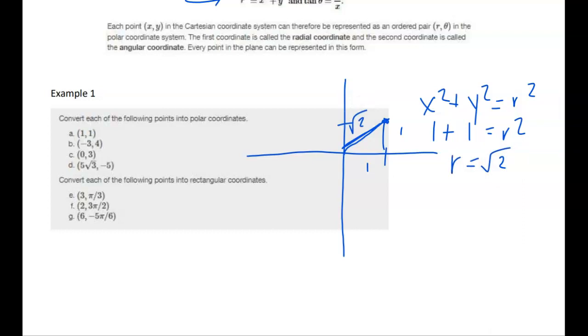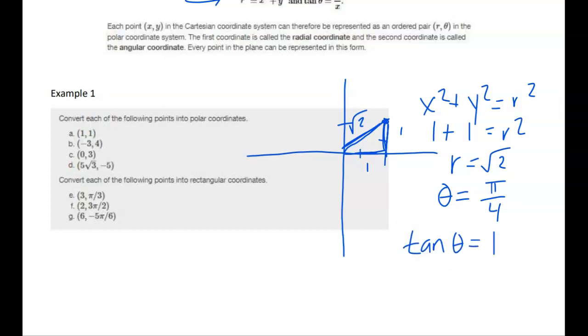Now you might notice this also as the unit circle triangle that I've taught in my pre-cal classes where it's the isosceles. And so that theta is going to be pi over 4. If you didn't know that, then you'd want to look at, okay, when is tangent equal to 1 over 1?